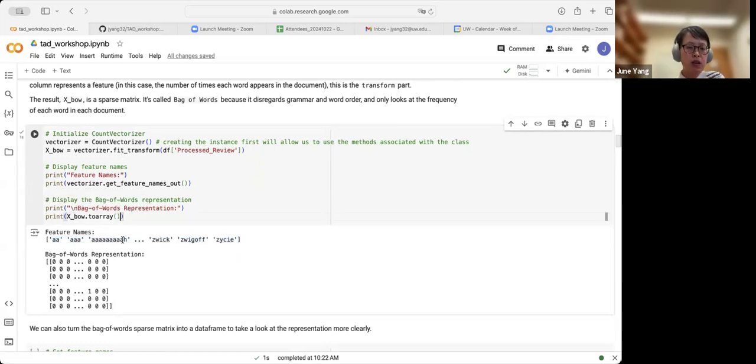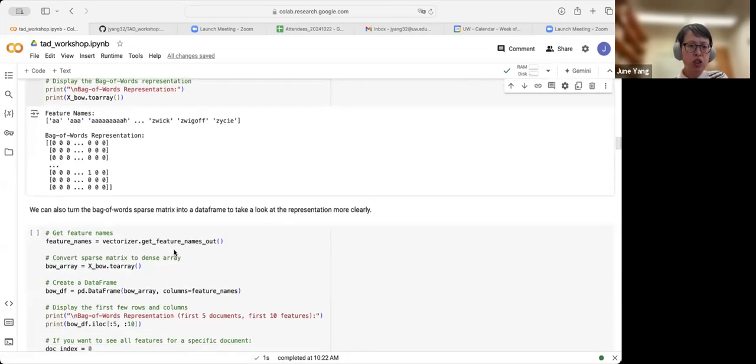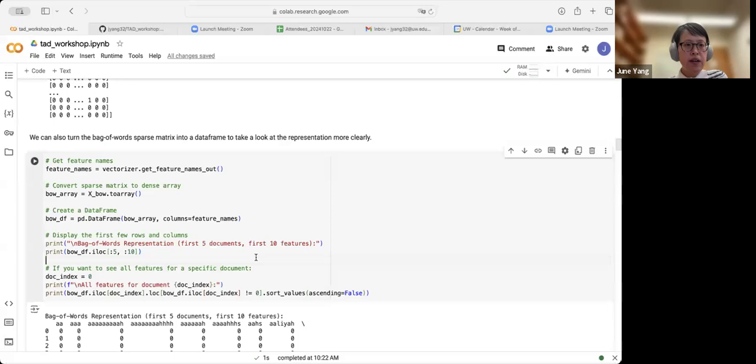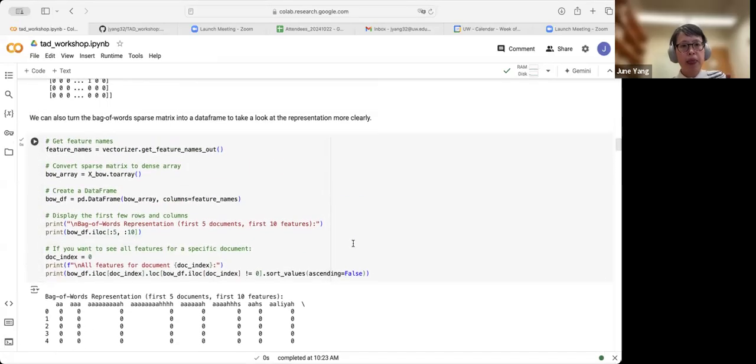I've converted this sparse matrix into a dense array for us to take a look at more clearly, and you will notice that most of the values are 0. For example, this document 1 does not contain this feature, AA. It doesn't contain this term, so the value here is 0, etc. To see it more clearly, I'll show the bag of words representation as a data frame.